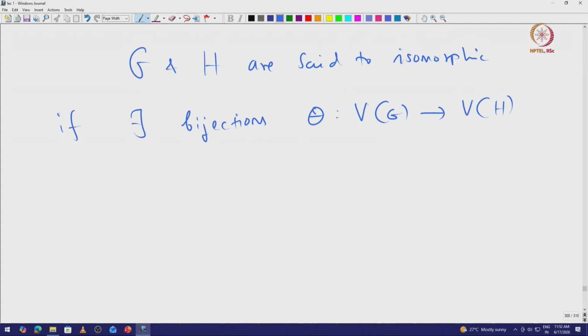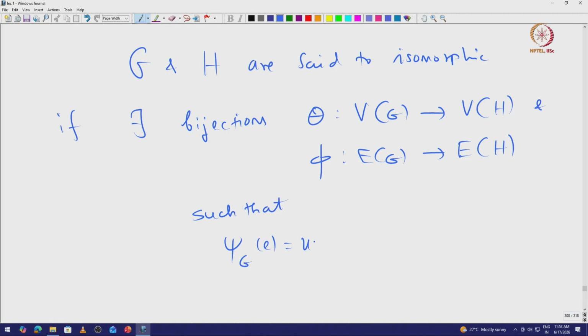Basically, we are changing the labeling, and there is another bijection from the edges of G to the edges of H, such that whenever U and V are adjacent in G with respect to the edge E, that means psi G of E equals UV.